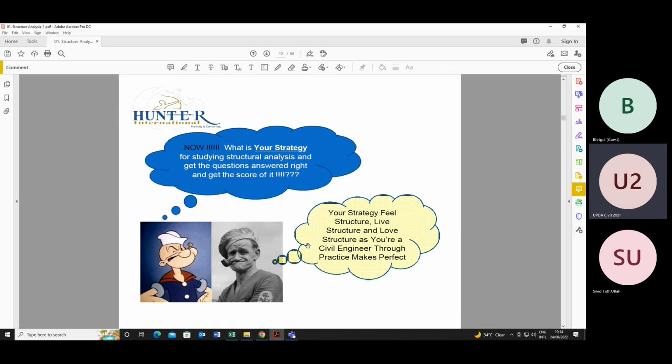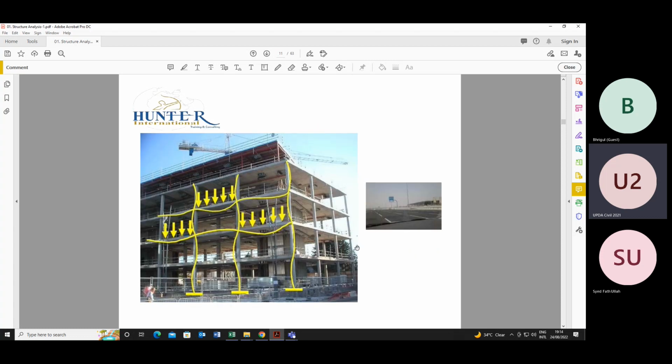What is your strategy for studying structural analysis, getting the questions answered right, and getting the score? It is a basic thinking. Your strategy: feel structure, live structure, and love structure. You are a civil engineer; practice makes perfect. Just to give a general idea, here you can see a building shown as an example.